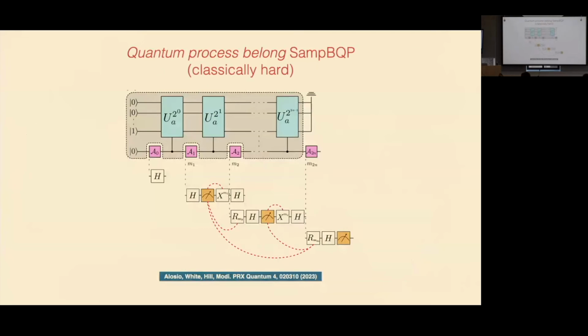All right, so then the question is, how complex can a quantum process be? We have recently shown in this paper that they can be as hard as SampBQP. SampBQP is potentially the same as BQP, the things quantum computers can do, but SampBQP is like when you're sampling from a quantum computer.